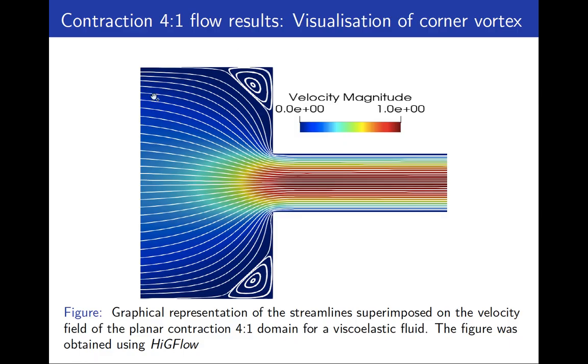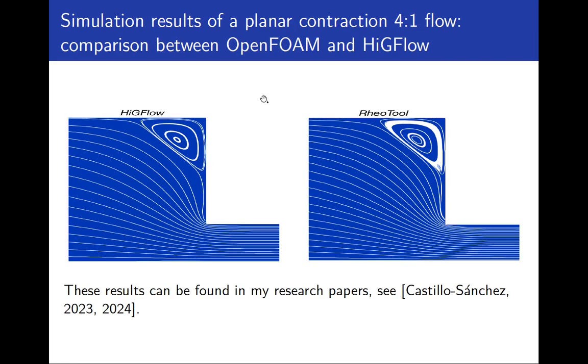Streamlines are used by engineers to study how the fluid elements are moving through the geometry. And these streamlines allow us to obtain these vortices at the corners. So our simulations are able to reproduce these vortices at the corners. And part of my research was also to compare two CFD simulations.